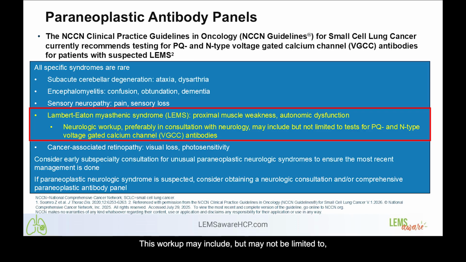This workup may include, but may not be limited to, tests for PQ and N-type voltage-gated calcium channel, or VGCC, antibodies. Early subspecialty consultation should be considered for unusual paraneoplastic neurologic syndromes to ensure the most appropriate management is done.